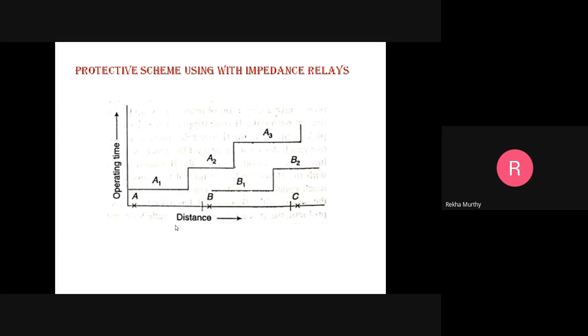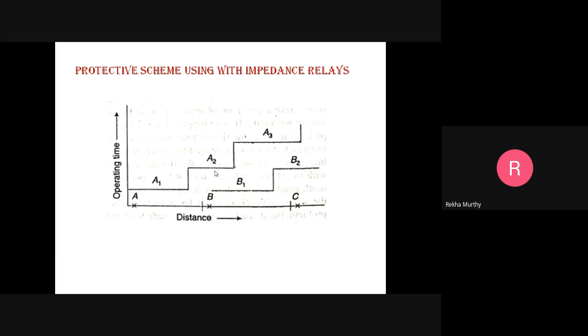The main purpose of the second unit is to protect the rest of the protected line, which is beyond the reach of the first unit. The setting of the second unit is adjusted so that it operates the relay even for arcing faults at the end of the line. To achieve this, we must reach beyond the end of the line.